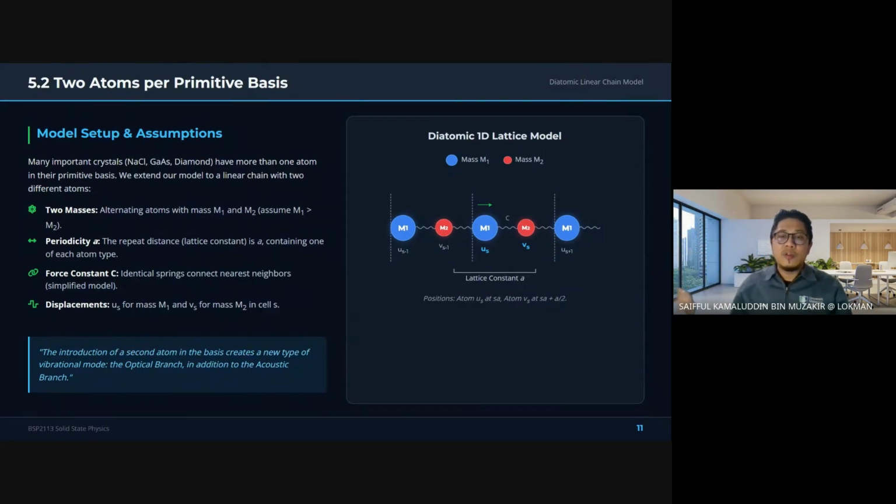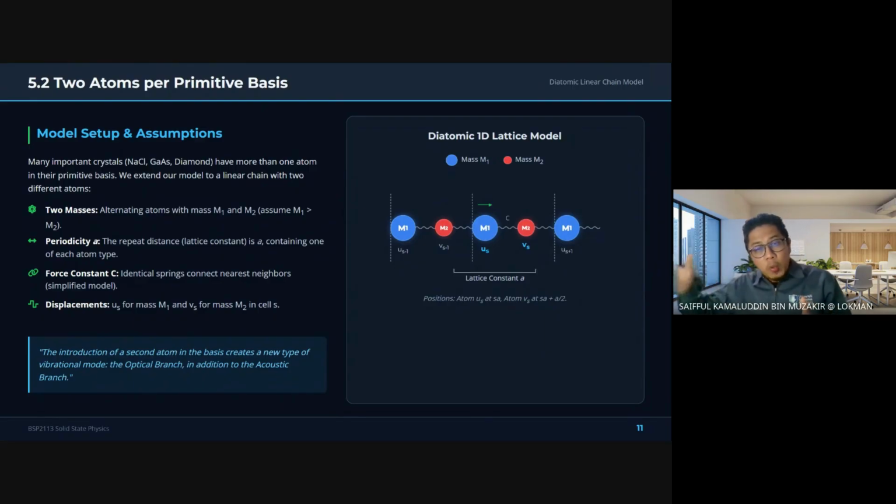In the diatomic chain, the important result is that there are now two branches of vibration. Two branches of vibration. This is different from the monoatomic case, where we had only one main branch. So the extra branch appears because the repeating unit now contains two atoms, and there are more possible ways for the system to vibrate.